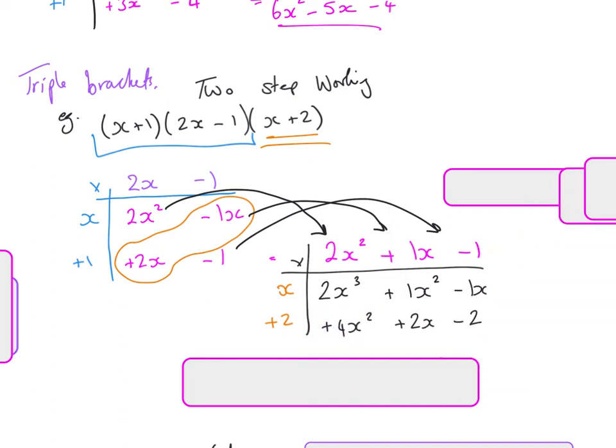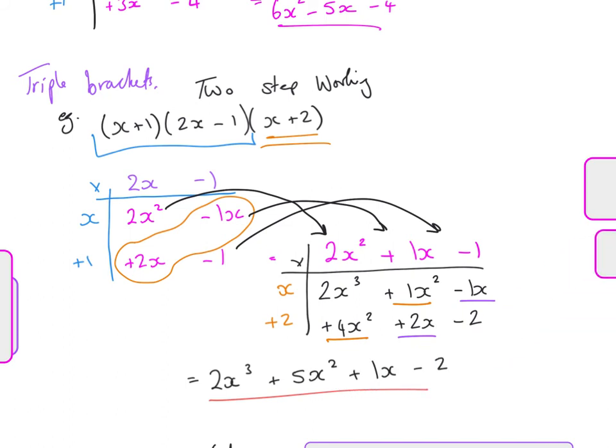And then I'm going to end up with 4x squared plus 2x and a minus 2. Again, we're going to simplify that to get our final answer. I can group together the squares and I can group together the x's because they are similar. So my final answer will be the 2x cubed plus the 5x squared plus 1x and then minus 2.